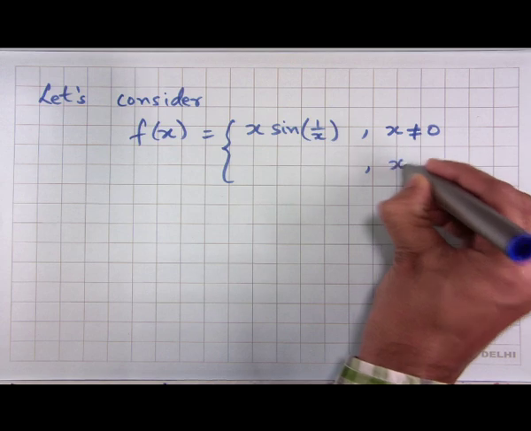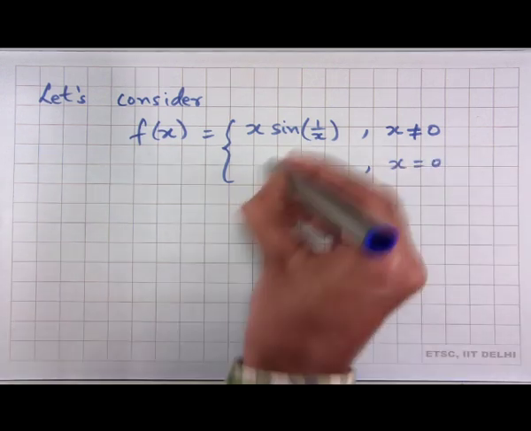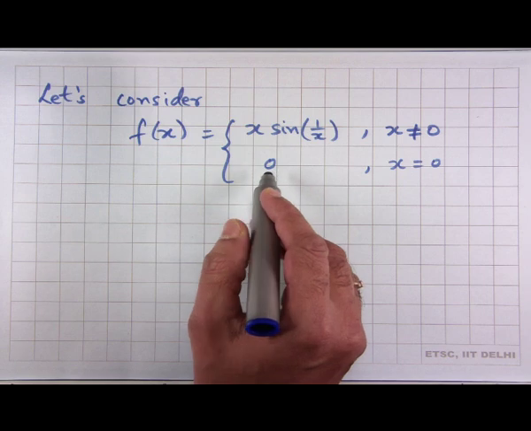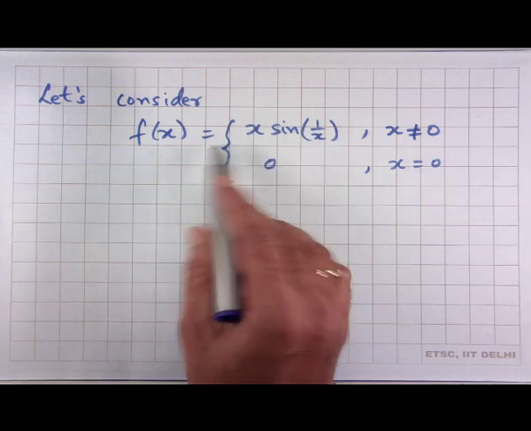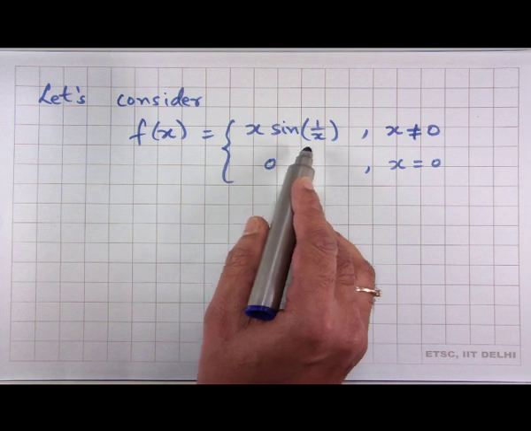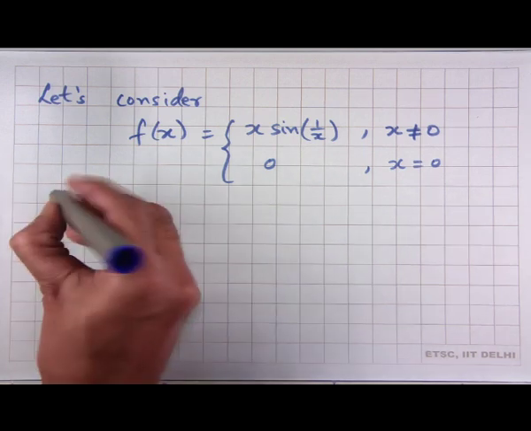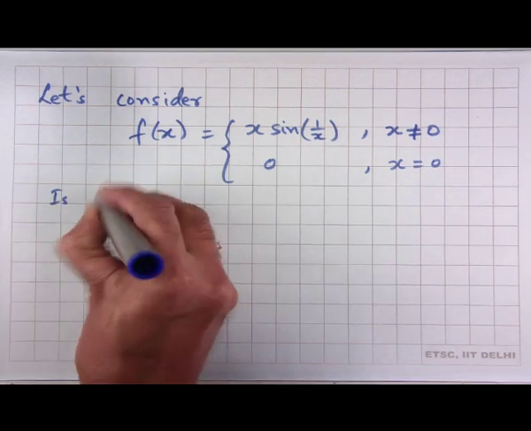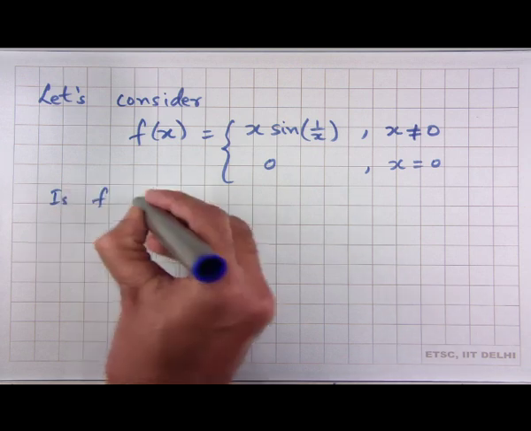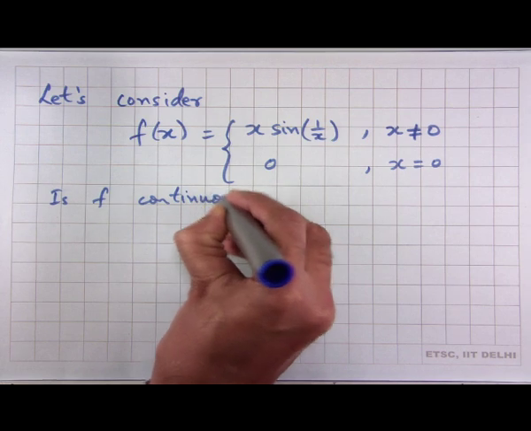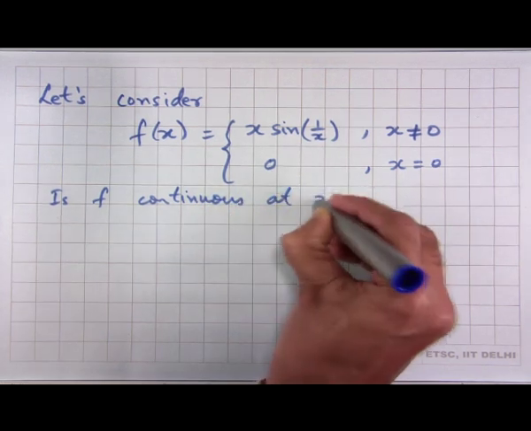So, for x equal to 0 I will define the value of the function to be 0. So, this is the function which is 0 at 0, and for any non-zero x the function is x times sine 1 by x. So, here what can you say: is f continuous at x equal to 0?